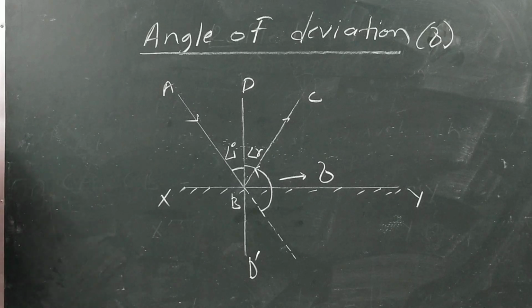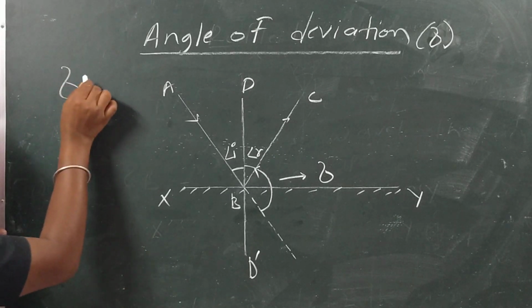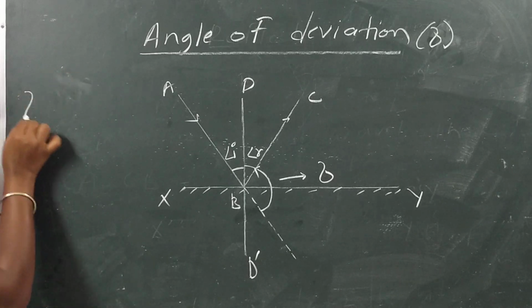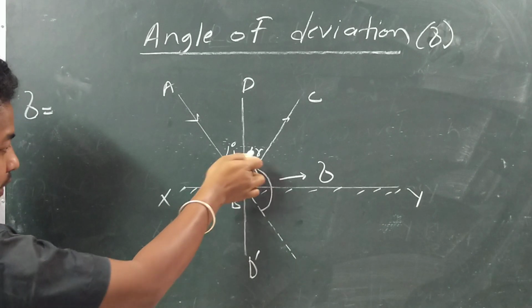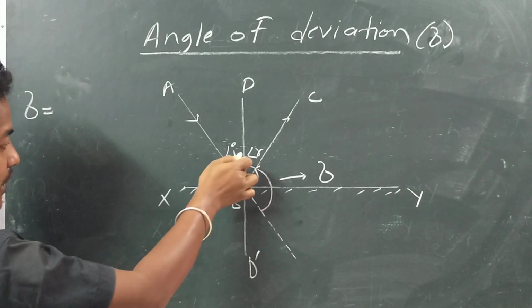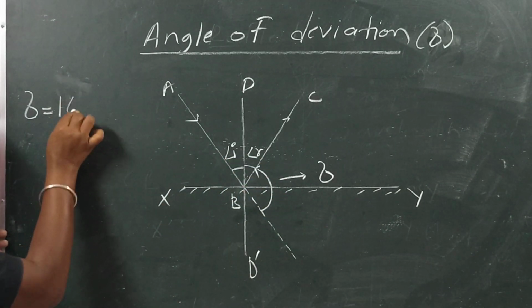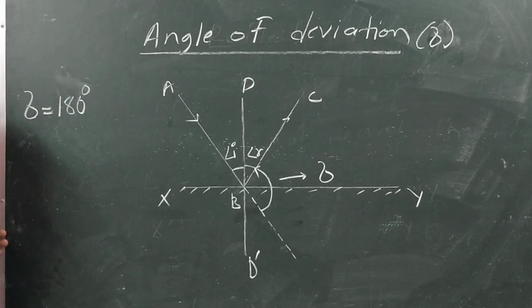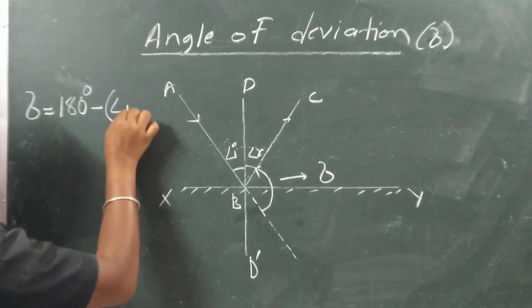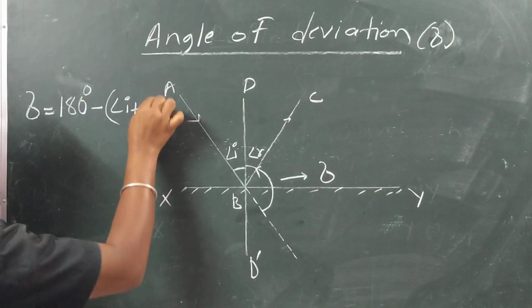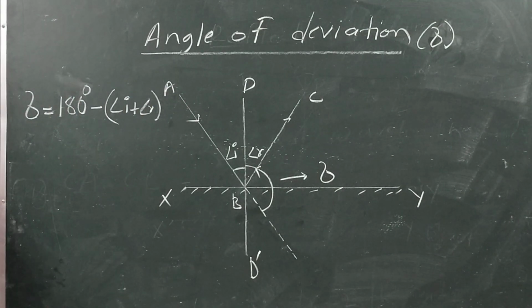So if I want to find out angle of deviation, delta is equal to, hold this angle from here to here. This much angle is how much it is going to be? This angle is going to be 180 degree minus angle of I plus angle of R. Understand?